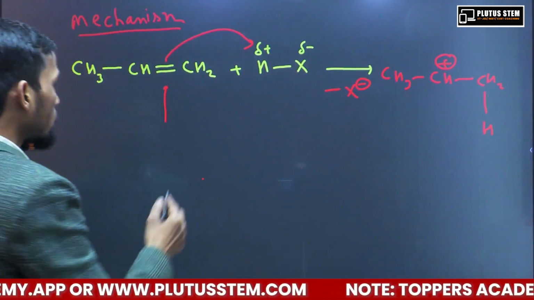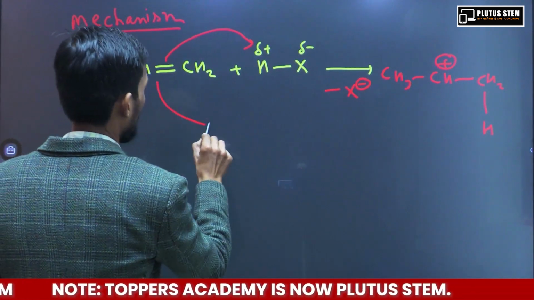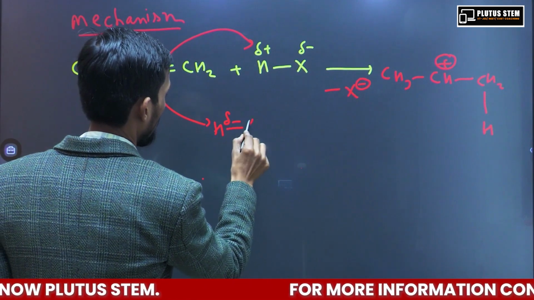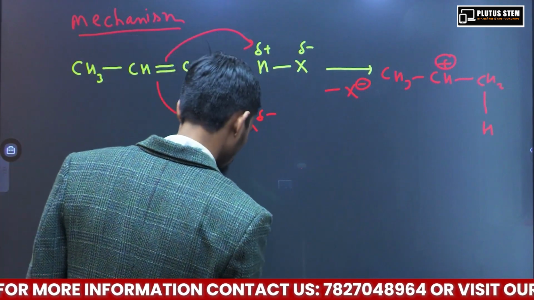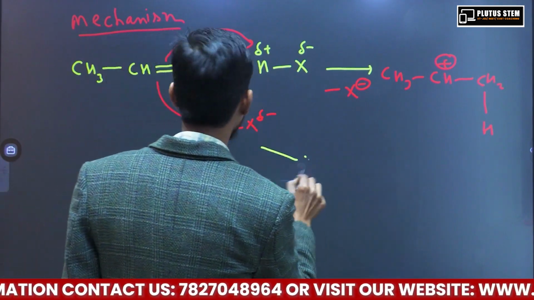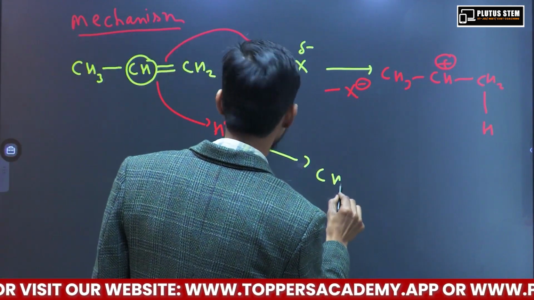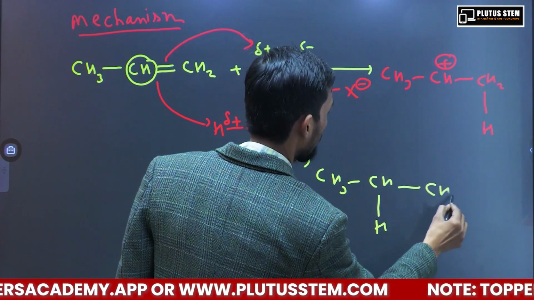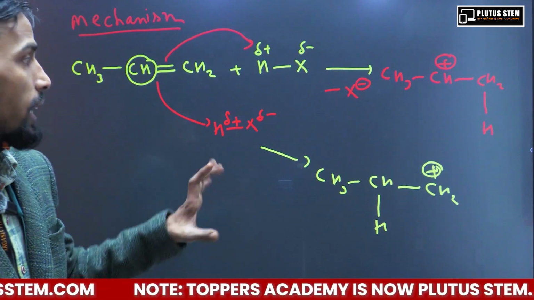So if the attack is not at this side, if the attack takes place like this, and we are getting a product, the attack from this carbon, then we will see CH3, CH attack at hydrogen and CH2 remain over here and a complete positive charge over there.